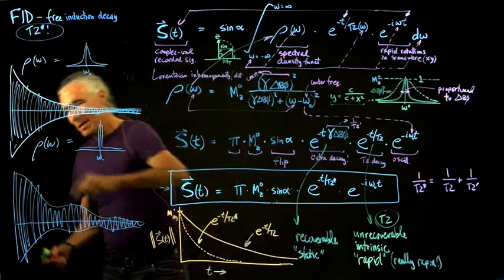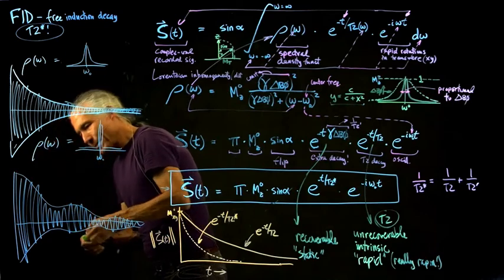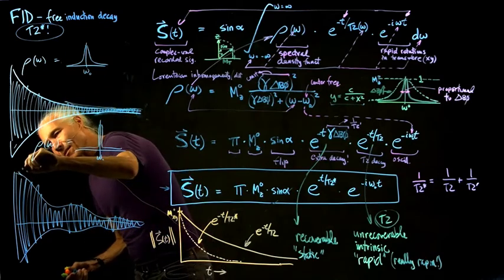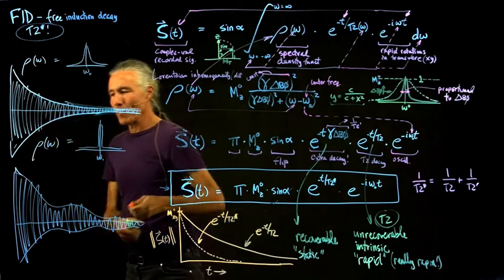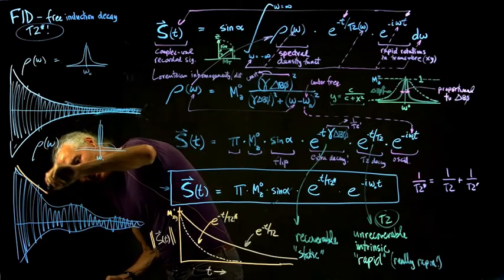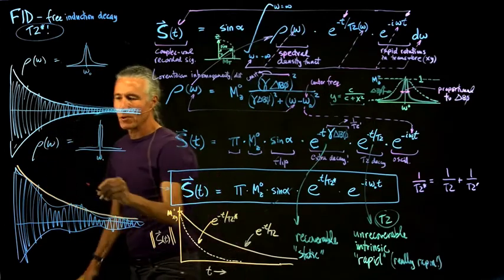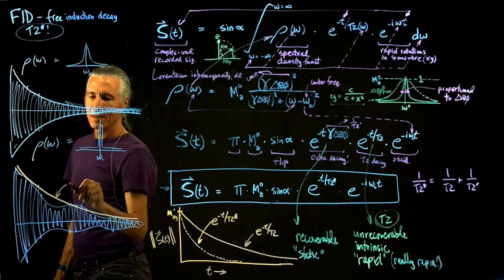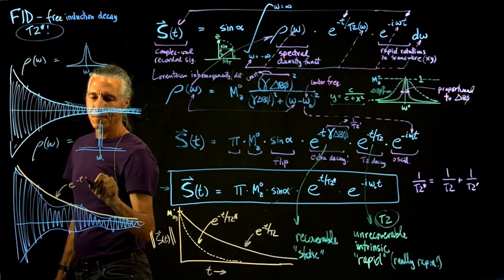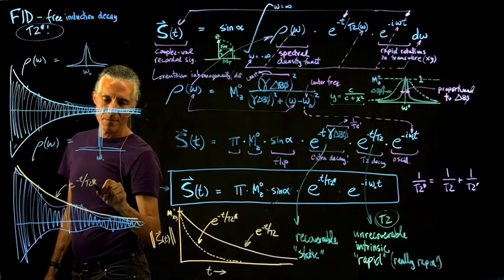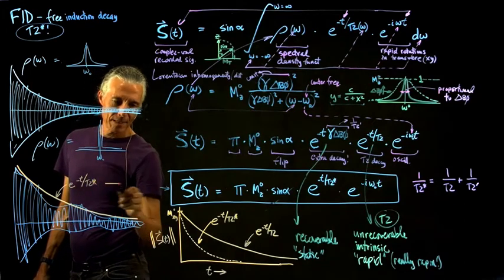This one is more or less exponential, so you could approximate that pretty well with our exponent. It's still got an exponential look to it. So this would be e to the minus t over T2 star. That basically is this thing.